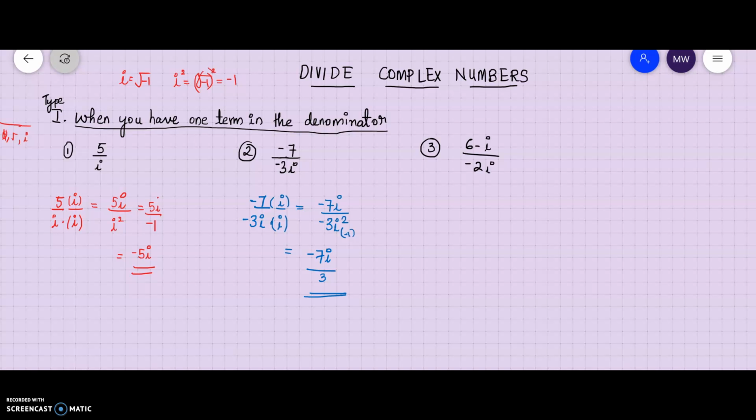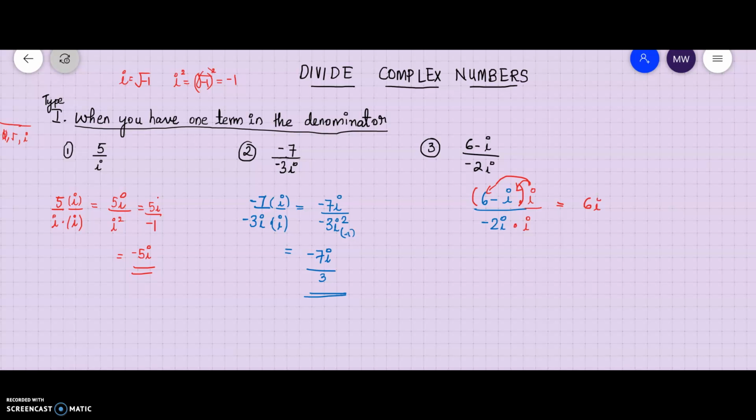Question number 3. Again, there's one term in the denominator. It's -2i. In order to divide that, we write the question here, over -2i. We take the i and multiply it to the denominator and to the numerator. The only thing that's different here is that the numerator has 2 terms, so we put that in parentheses because the i is for both of them. We distribute the i to the 6 and distribute the i to the i.